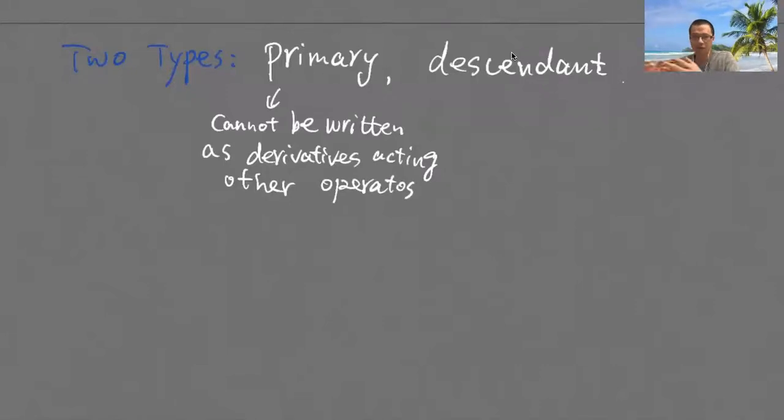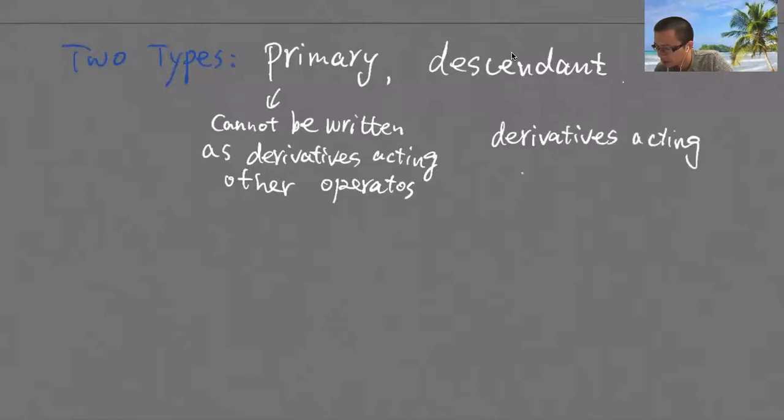Descendants can be written as derivatives acting on other operators.